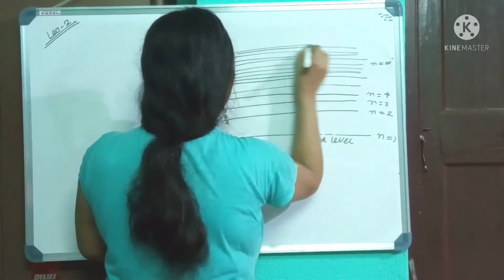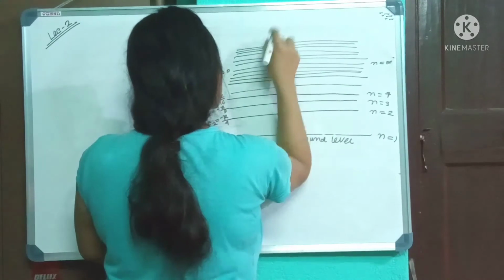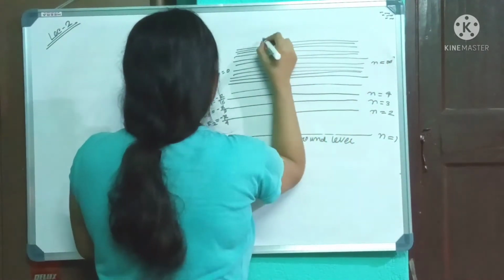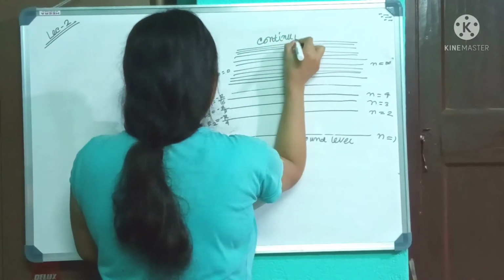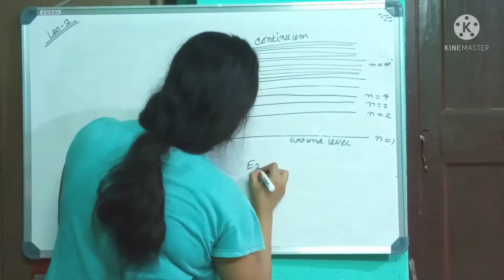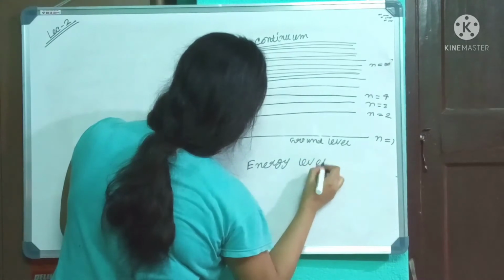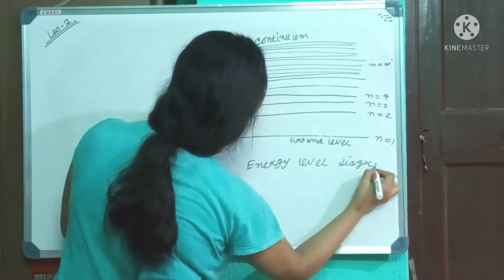Okay, now we can express our energy levels with horizontal lines and we can draw them in this fashion. So for n equals 1, energy is E1, and n equals 2, energy is E2, and up to n equals infinity, at which E infinity is 0, and above n equals infinity the energy levels get a continuous form.